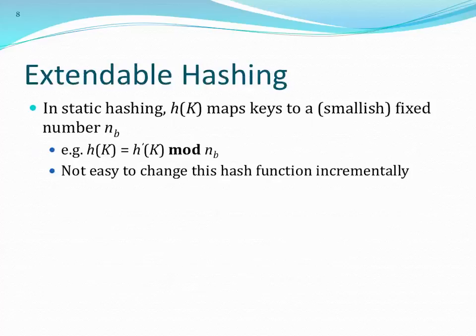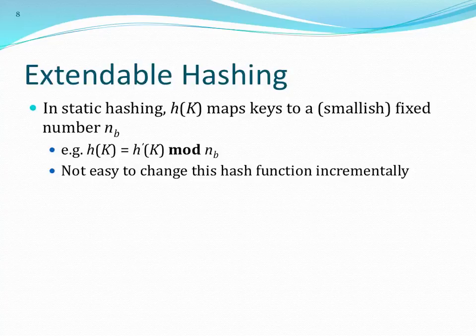Now, when we have static hashing, we have some hash function, and you'll notice here that I have h of k, the hash function that we're applying to our search key. That maps the hash value to some small number of buckets. Frequently the way we do this, and you may have implemented this yourself, is you apply some generic hash function, like a string hash or a byte sequence hash or an integer hash function, to the search key, and then you take the modulo of that with respect to the number of buckets.